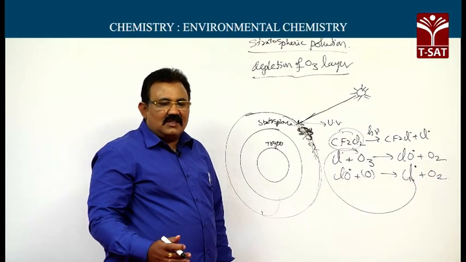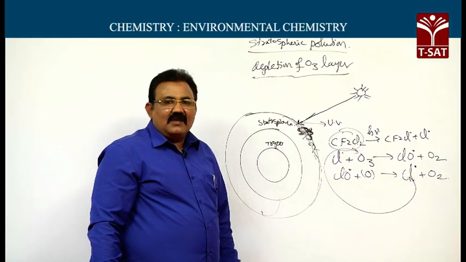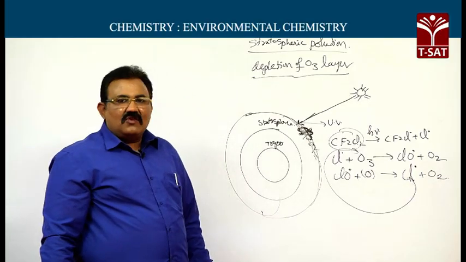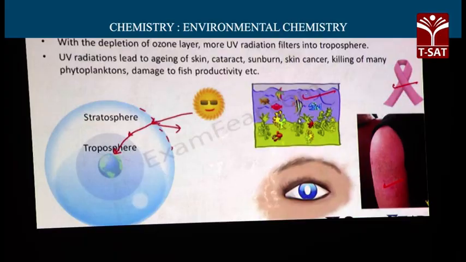Let us have a look at the effects of the depletion of the ozone layer. Because of depletion, the UV rays coming from the sun directly enter the troposphere through the stratosphere and fall on the skin of human beings like this. Aging of skin takes place.